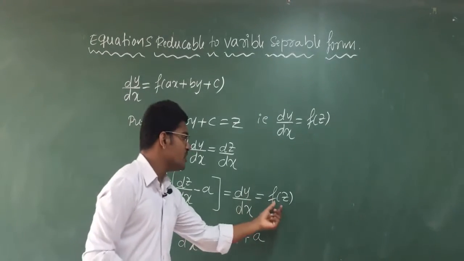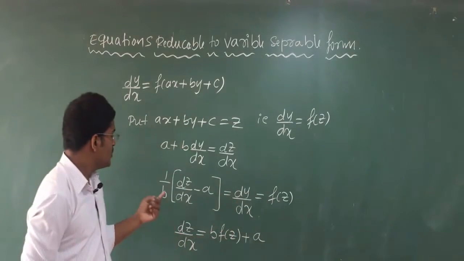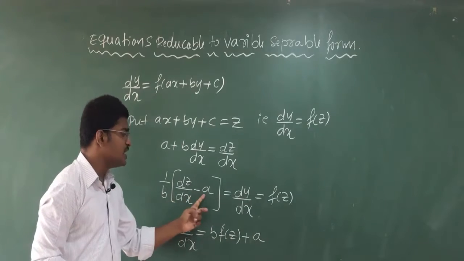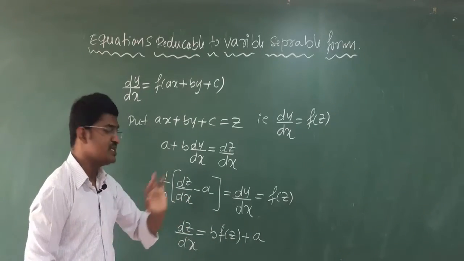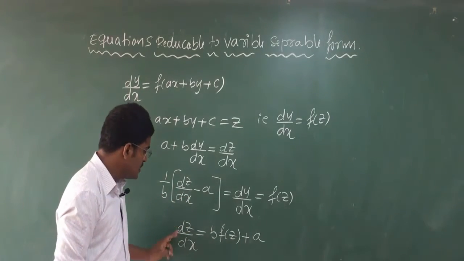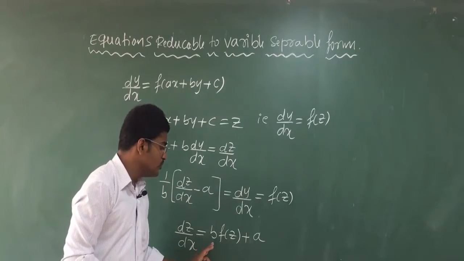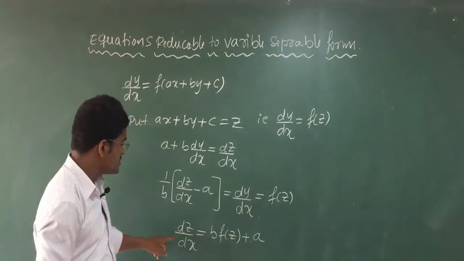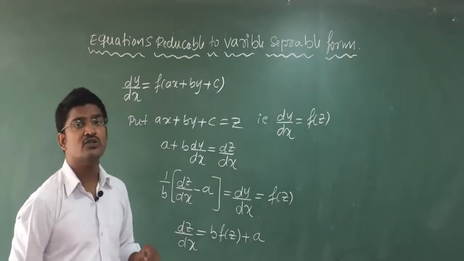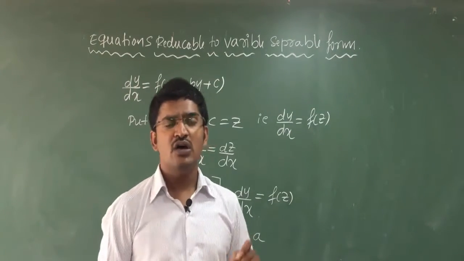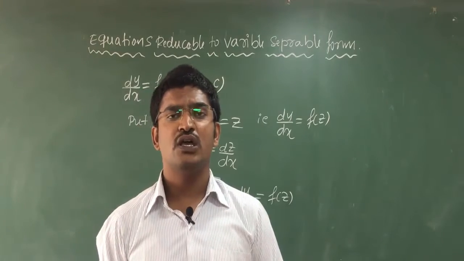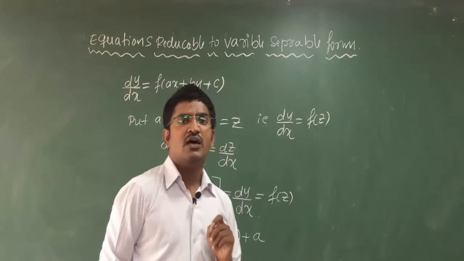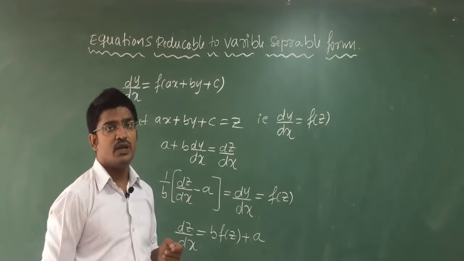If I simplify this, it will be in the form dz by dx equal to b f of z plus a. Now you have to integrate on both sides and simplify. This is the method of reducing to variable separable form.